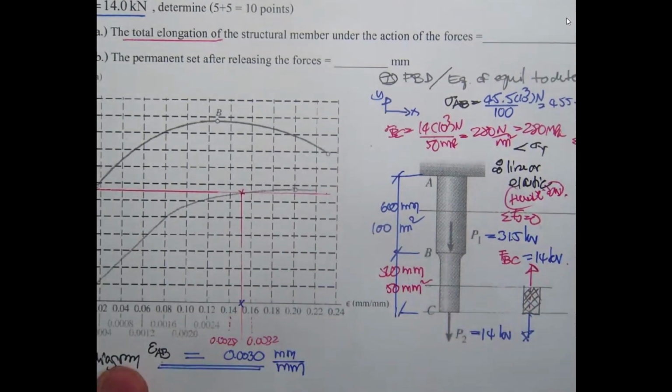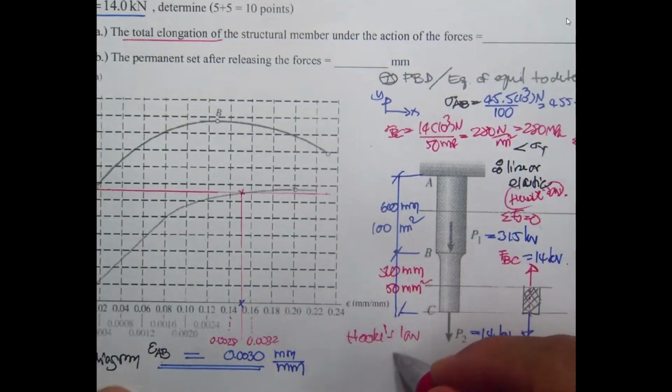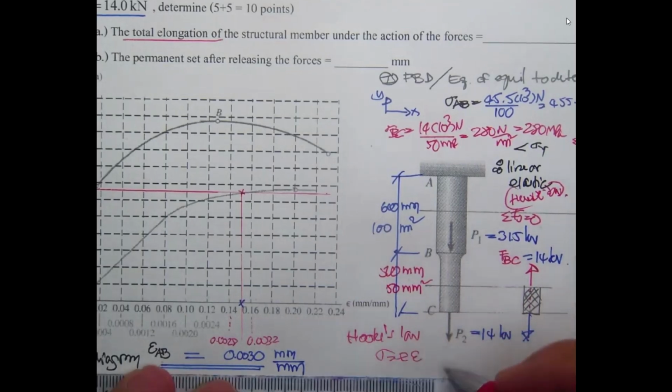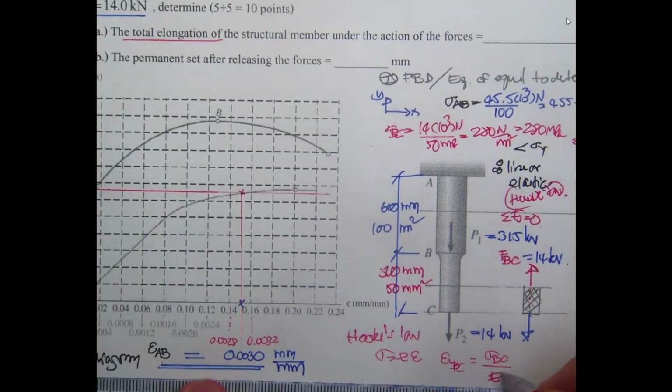Then we come to the second one. We have Hooke's law: stress equal to E times strain. So strain sub BC is stress sub BC divided by the modulus of elasticity.